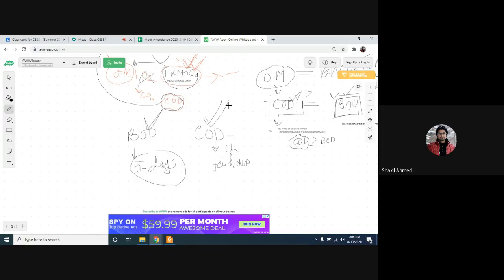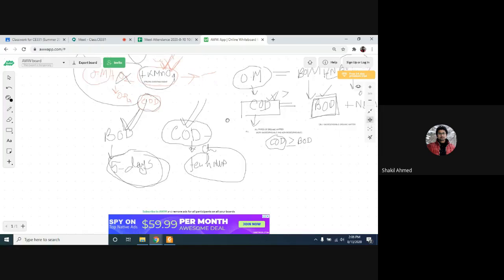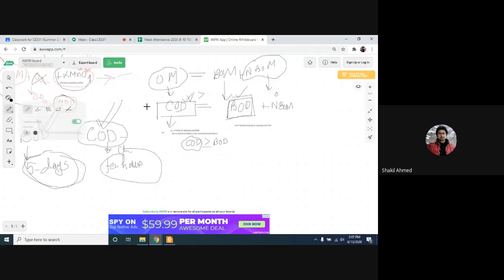In case of COD, you need a few hours. But the COD test also has a disadvantage. If you only calculate COD, you'll never get an idea how much of the organic matter present in the water is biodegradable.